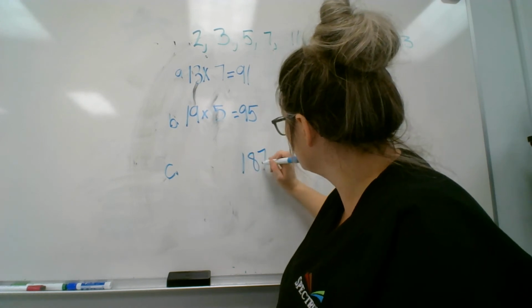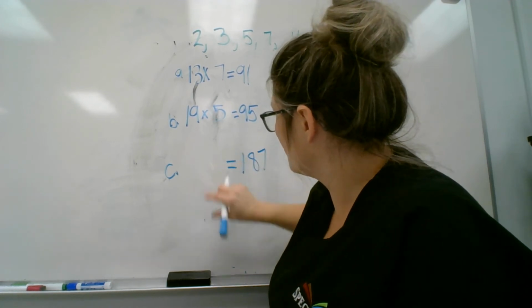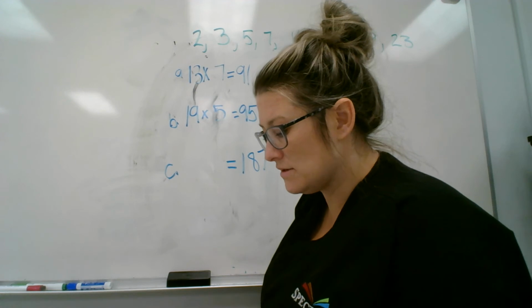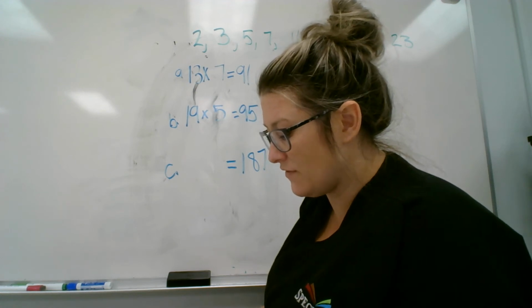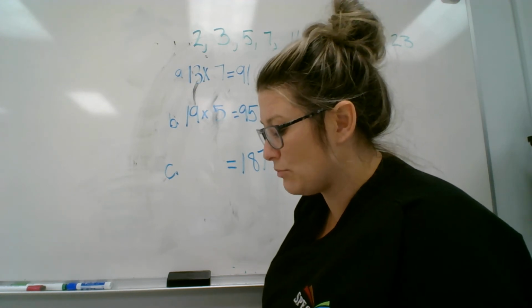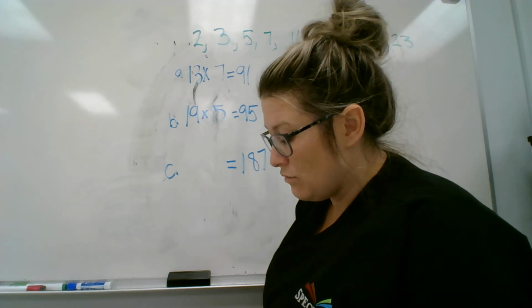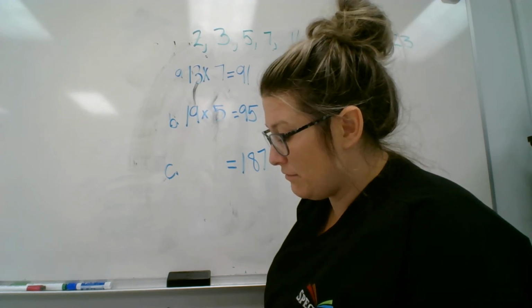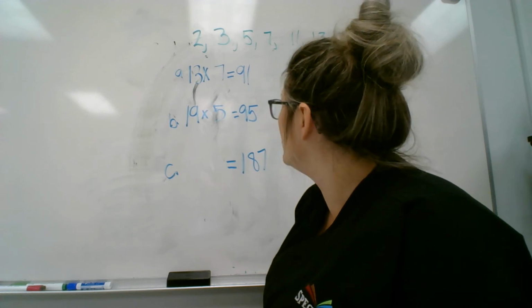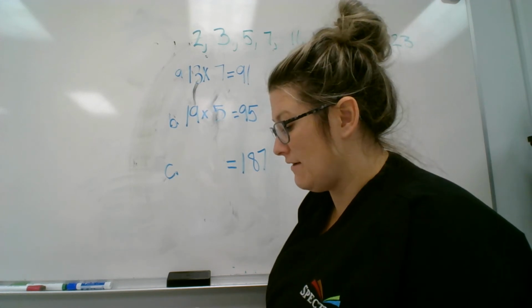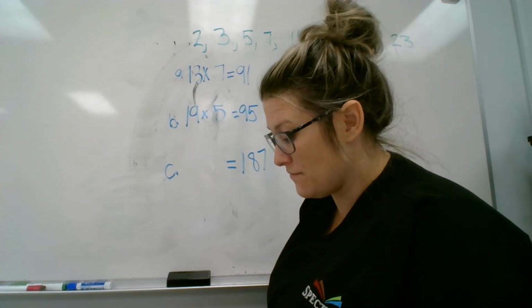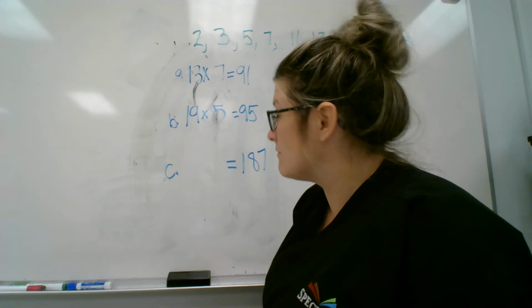187. All right, so let's see, 187 divided by 2 equals 93.5. Nope. 187 divided by 3 equals 62.3. Nope. 187 divided by 5 equals 37.4.